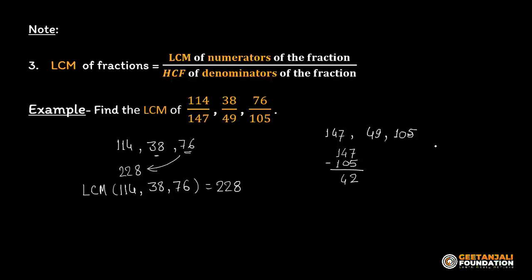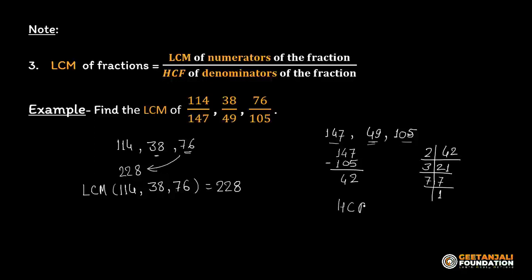So 42 is the smallest difference, and factors of 42 are 2, 3, 7 and so on. Does 2 divide any of these numbers? No, 2 doesn't divide them. 3 divides one of them, but 3 doesn't divide the other number, so 3 is also not a factor. But yes, 7 divides all these numbers.